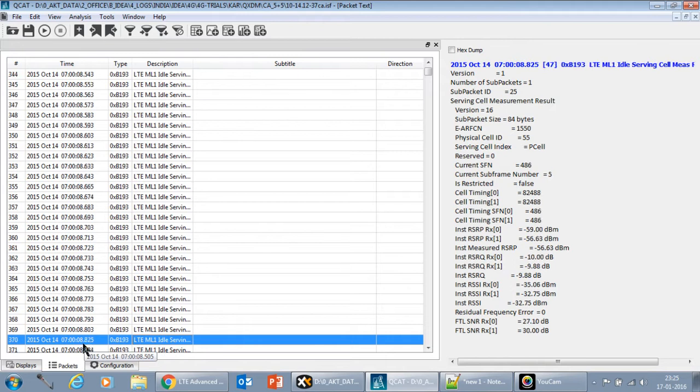There has to be an activation point, which will be given in the RRC configuration message. At that point in time, both the UE and the eNode B shall switch to the CA configuration.